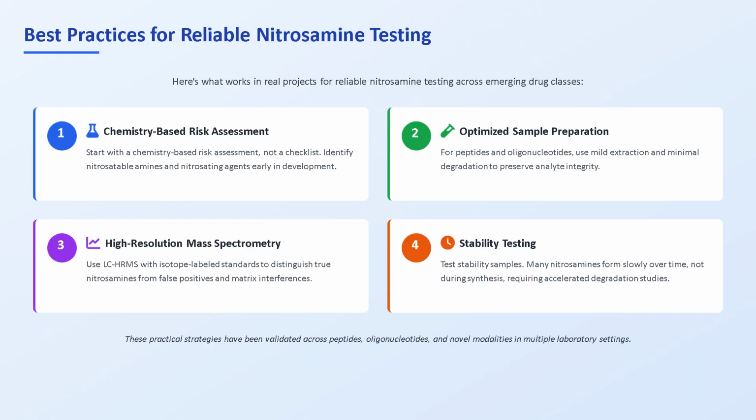Across successful programs, a few best practices consistently work. First, start with a chemistry-based risk assessment, not a checklist. Identify nitrosatable amines and nitrosating agents early. Second, optimize sample preparation to avoid degradation during extraction.